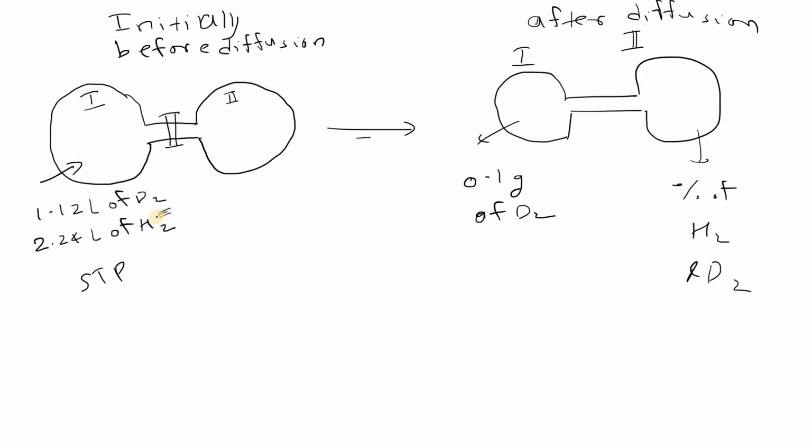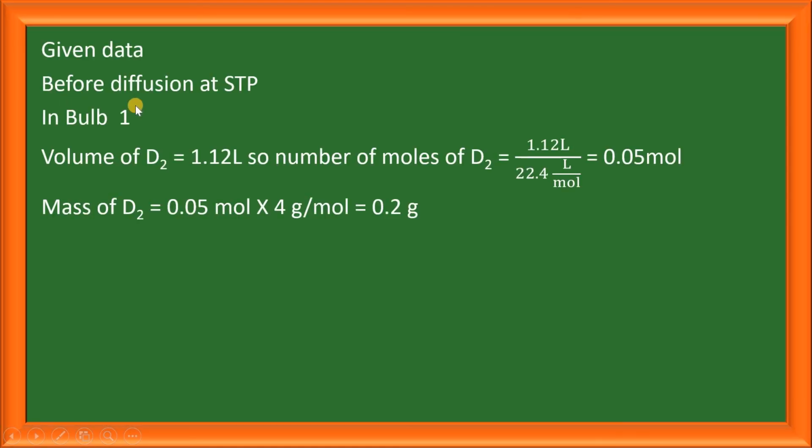As the numbers of moles of D2 and H2 are different, their pressures will also be different, because we know that the partial pressure of a gas is directly proportional to its number of moles. Let's see the solution. In the given data, in bulb 1 the volume of D2 is 1.12 liters.